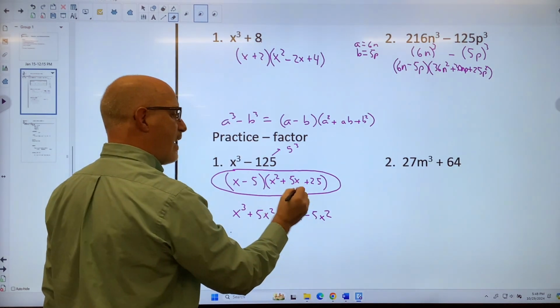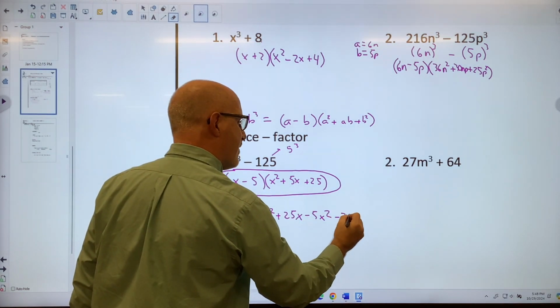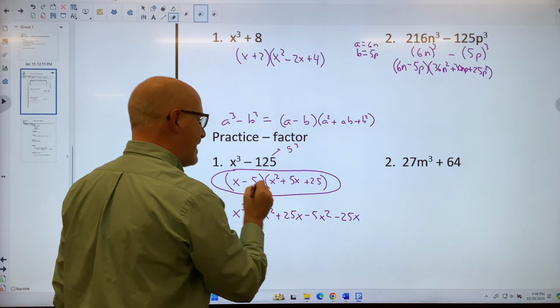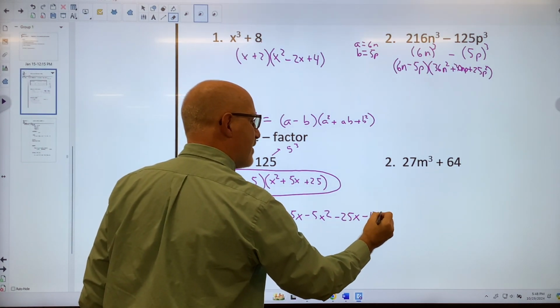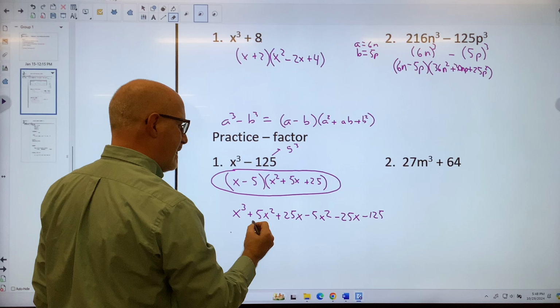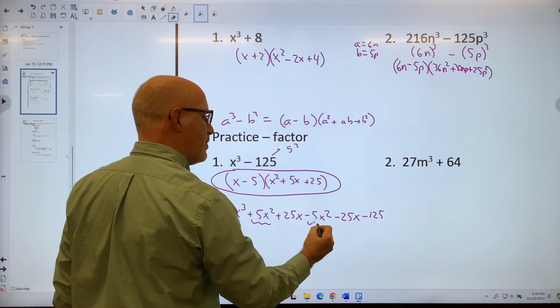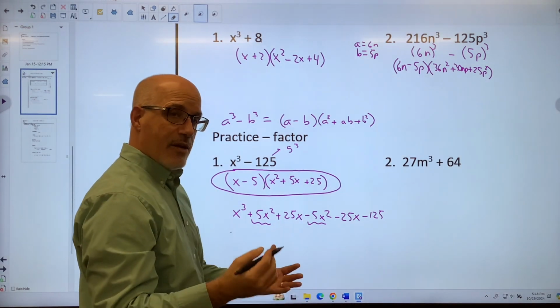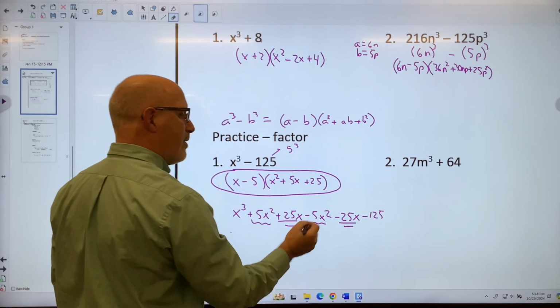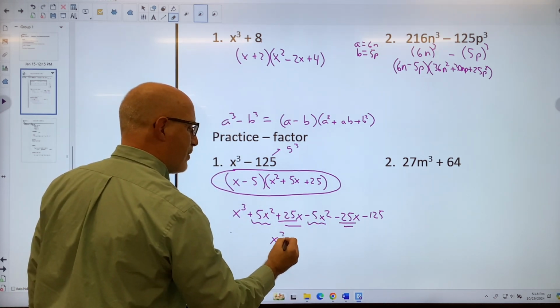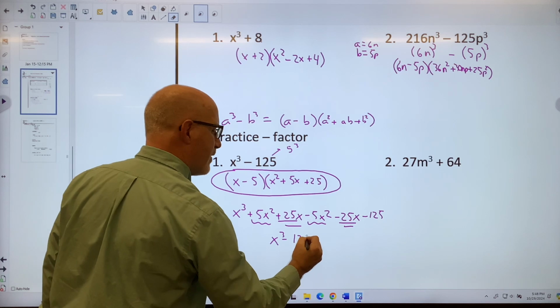Negative 5 times 5x is negative 25x. And then negative 5 times 25 is negative 125. Now what you can start seeing is that these two are opposites, they get rid of each other. These two are opposites, they get rid of each other, and so I end up with x cubed minus 125.